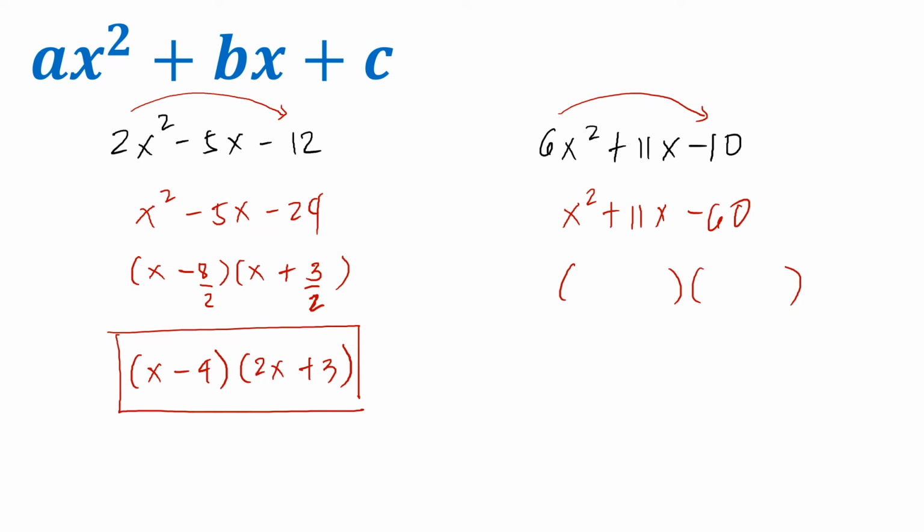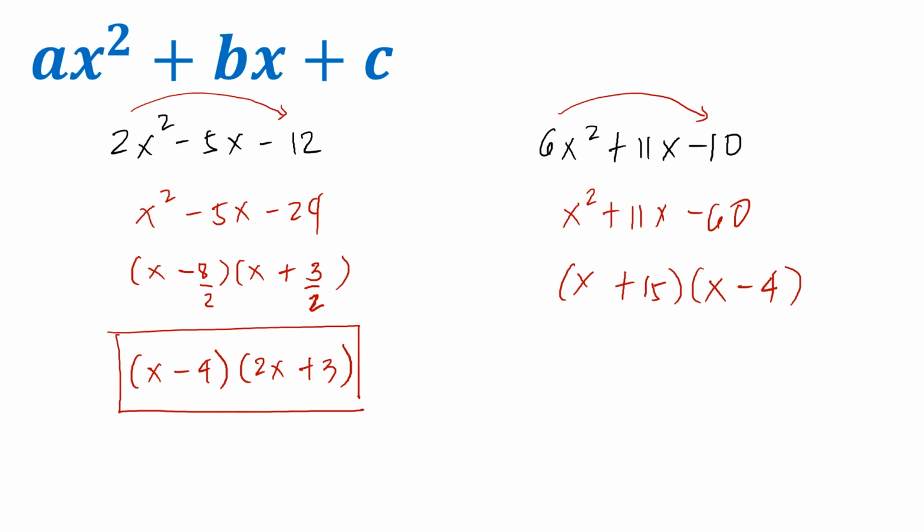The product is negative, the sum is positive, then these are two numbers where the factor with the greater absolute value is positive. So we have x, and then I'm thinking of positive 15 and negative 4. Again, these are factors of x squared plus 11x minus 60.